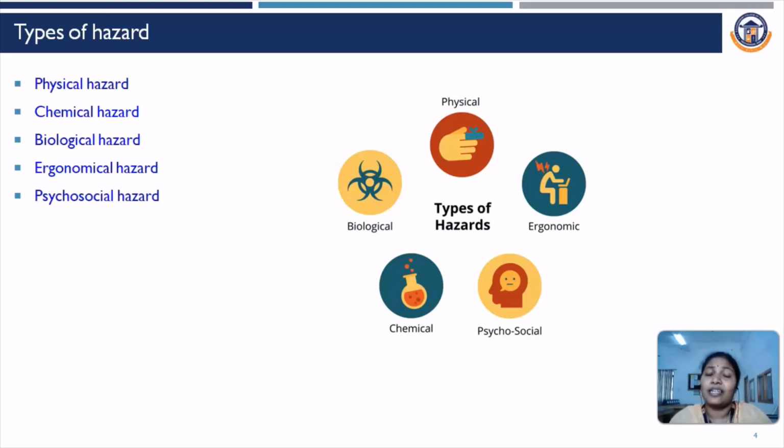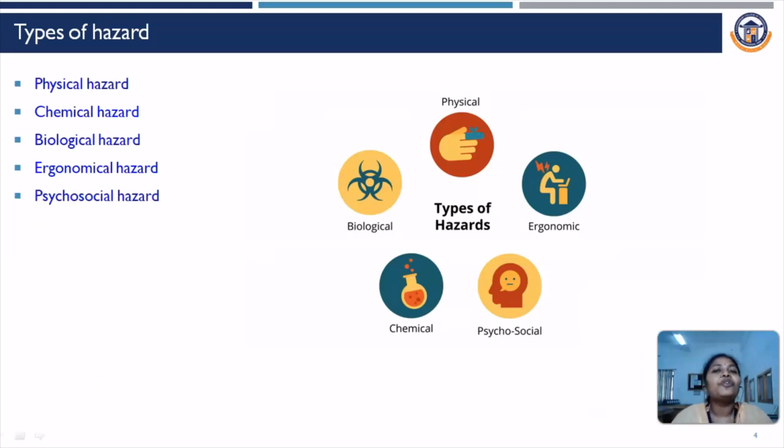And psychosocial hazard: whatever hazards we have seen so far, physical, chemical, biological, ergonomical, affect our physical health, whereas psychosocial hazard affects our mental health. It may be a reason for stress, anxiety, fatigue, all these come under psychosocial hazard.